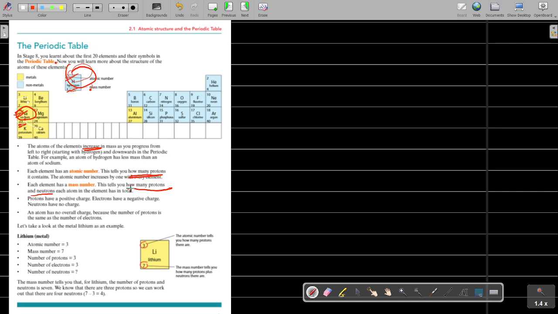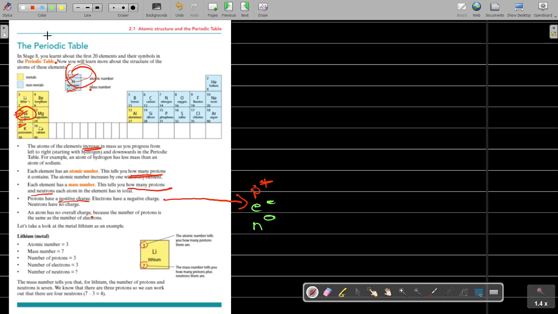Protons have a positive charge. Electrons have a negative charge. Neutrons have no charge. So this describes P plus, E minus, and N0, which is called neutron.